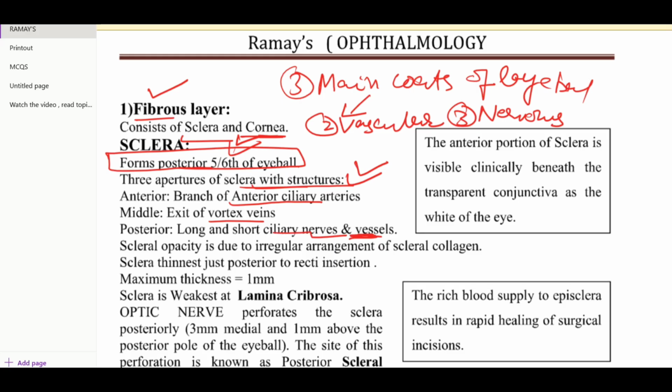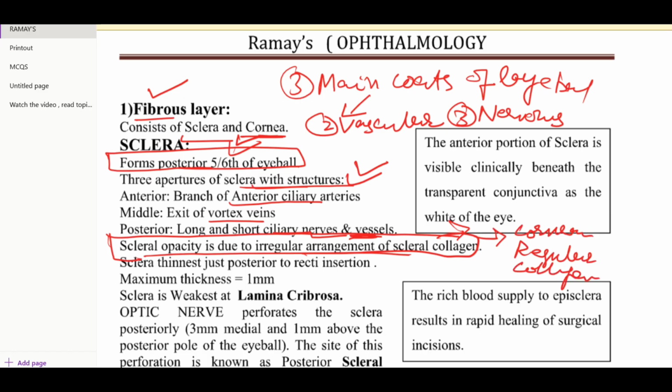Scleral opacity is due to the irregular arrangement of the scleral collagen. It means that the opaque appearance of the sclera is due to irregularity of the collagen. This is the difference between the sclera and the cornea: in the cornea there is a regular arrangement of collagen.